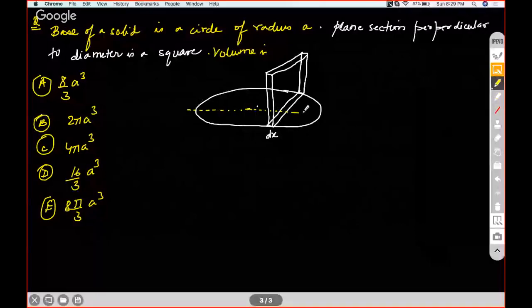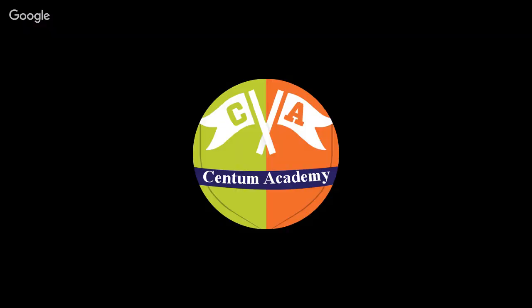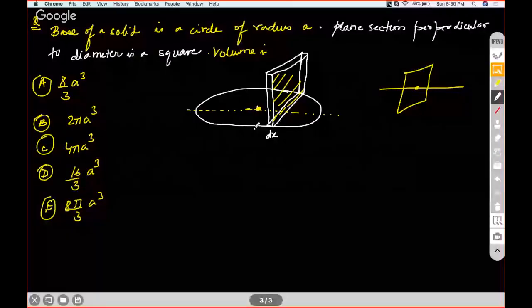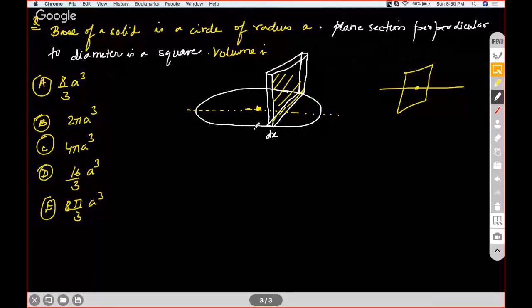The diameter and the plane are perpendicular. That means if the plane is like this, the diameter is passing through. Now you may assume the equation, anything that you want, x square plus y square is equal to a square.